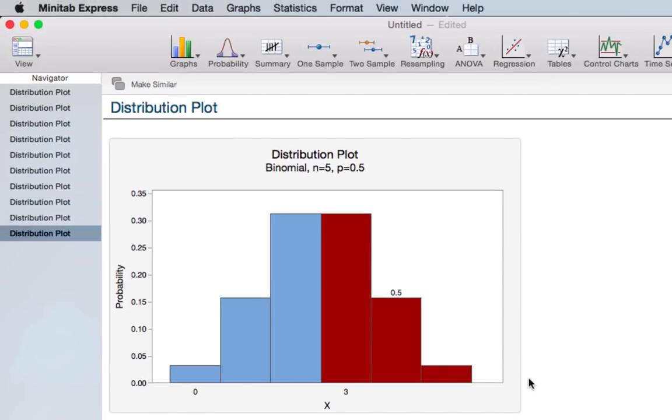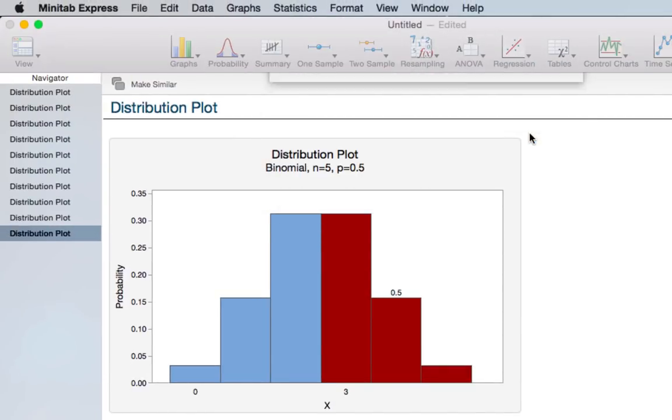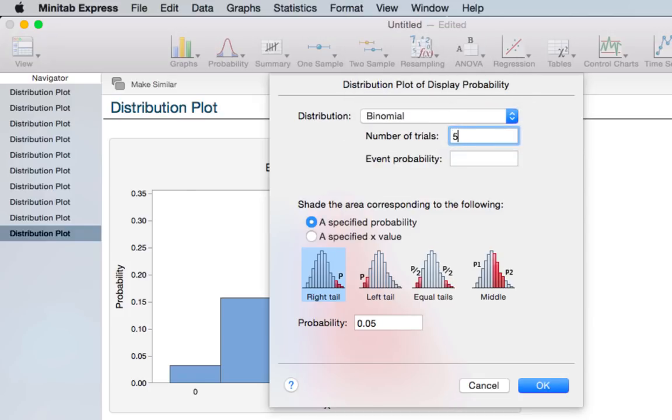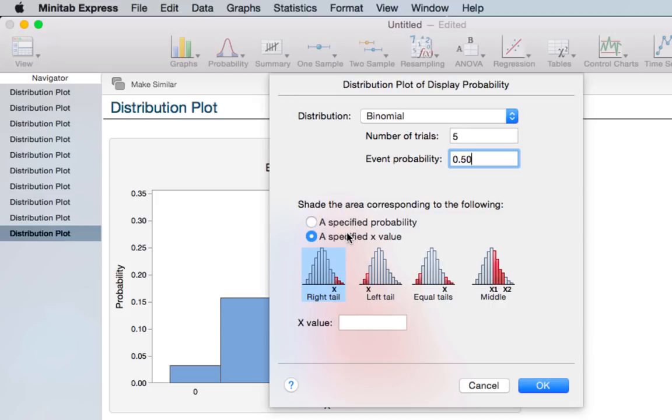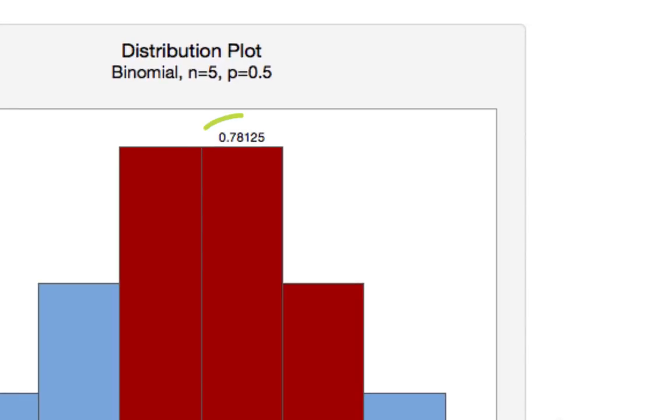We could also find the middle range. So maybe we want to know what proportion of the time we'll get between 2 and 4 tails. And that proportion is 0.78125.